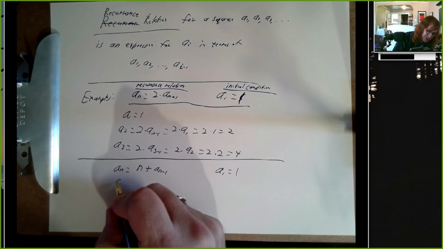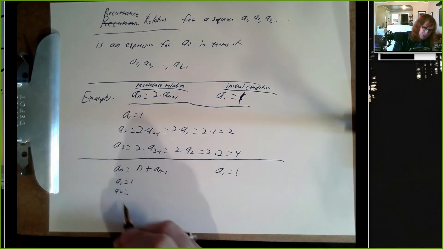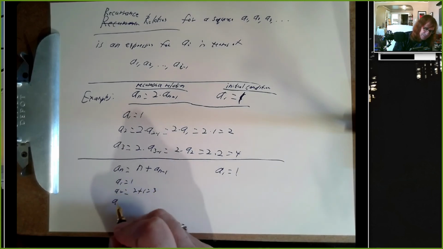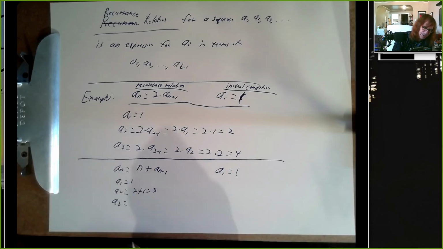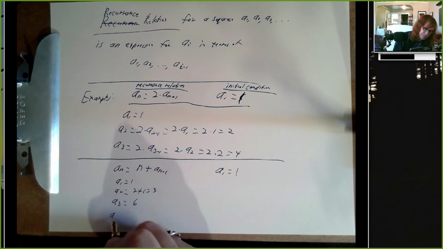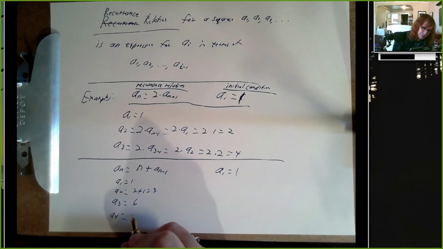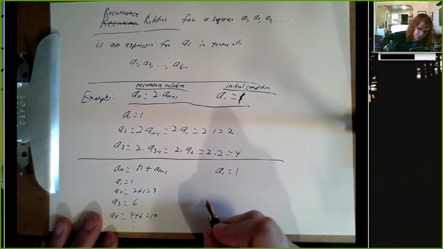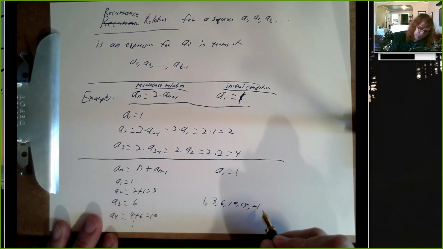All right, so a1 is equal to 1, because we know that from our initial condition. a2 should be equal to 2 plus a1, which is 3. a3 should be equal to 3 plus a2. 3 plus 3 is 6. a4 should be equal to 4 plus a3, which is 10, and so on. So this defines the sequence 1, 3, 6, 10, 15, 21, and so on.